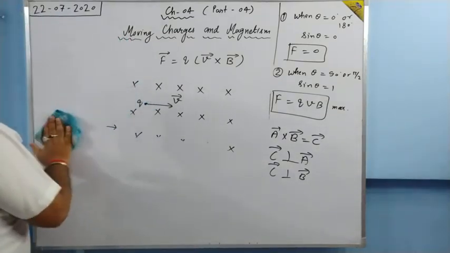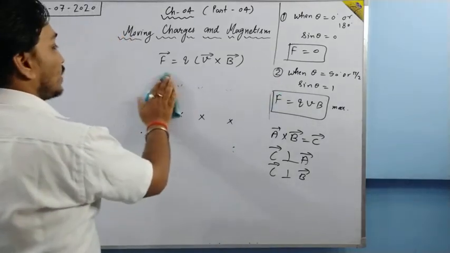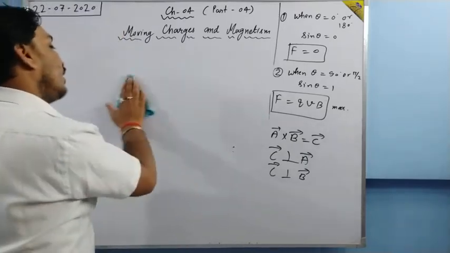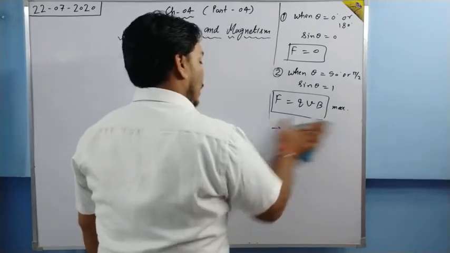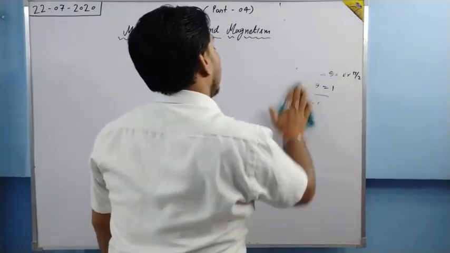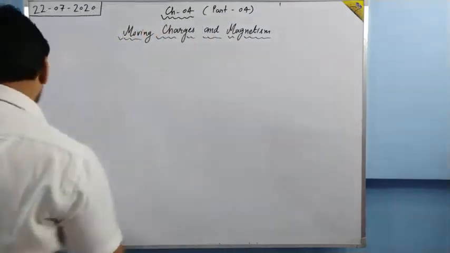Now we are going to discuss if the charge is moving through a space where electric field and magnetic field both are present, then what happens? Let us see.